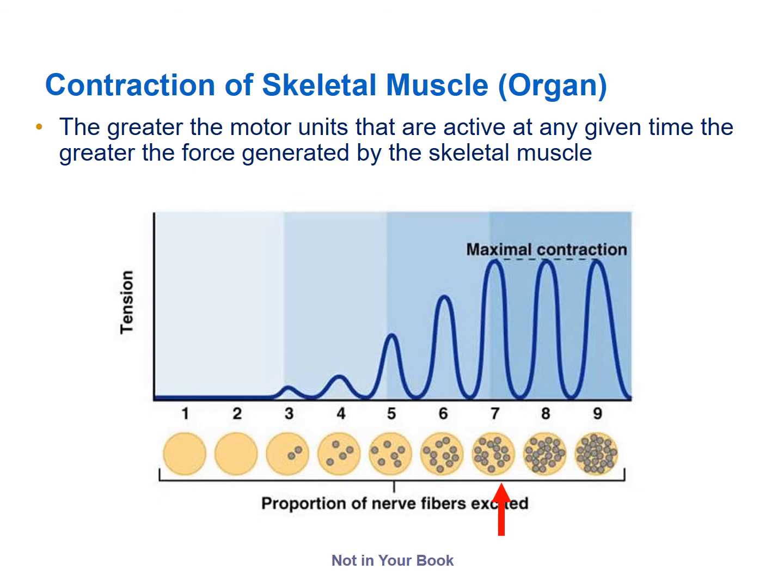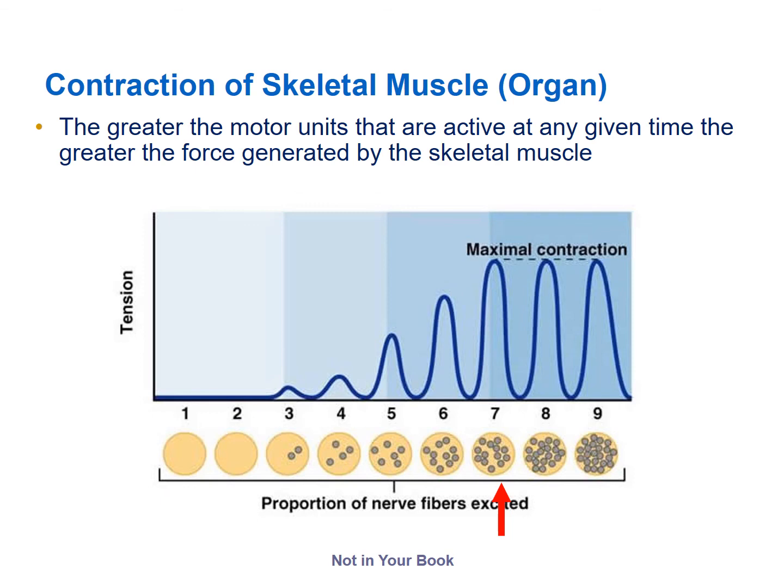And what we observe is a stepwise increase in the amount of tension that is produced as more and more motor fibers are active. Therefore, more and more motor units are active. This increase in tension or force produced by a skeletal muscle as a result of more and more active motor units is referred to as recruitment of motor units.